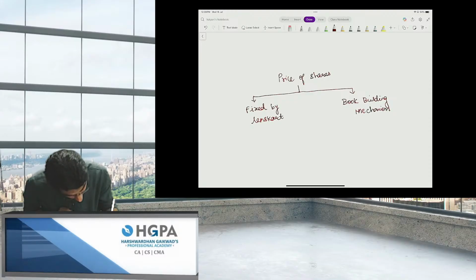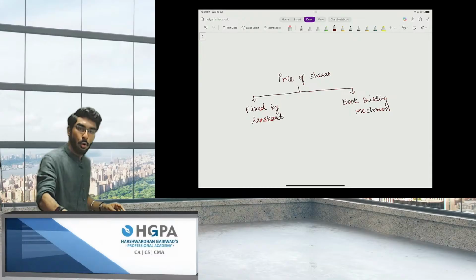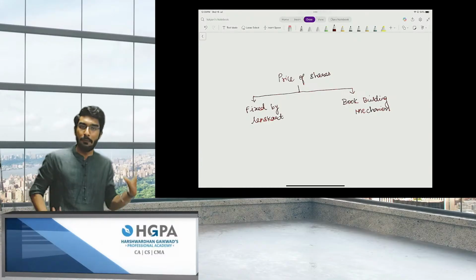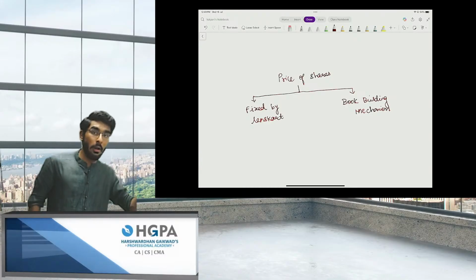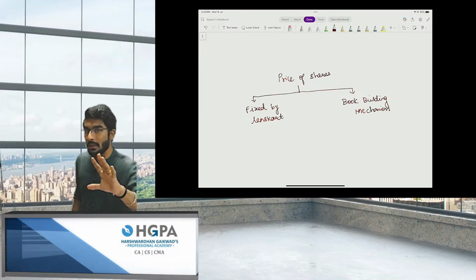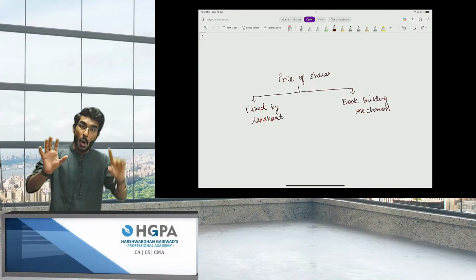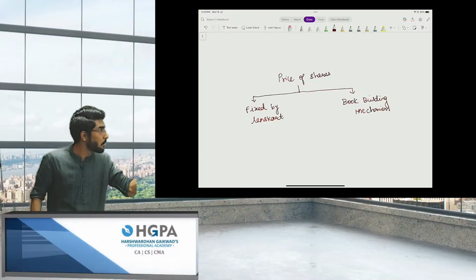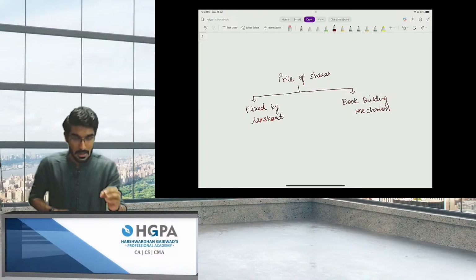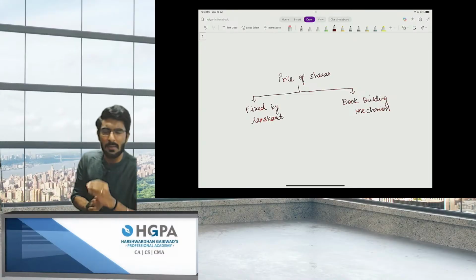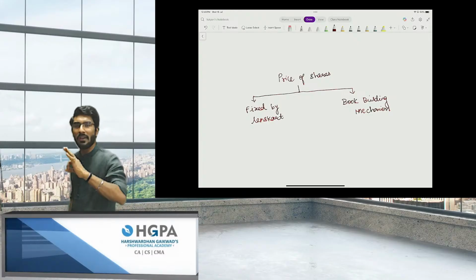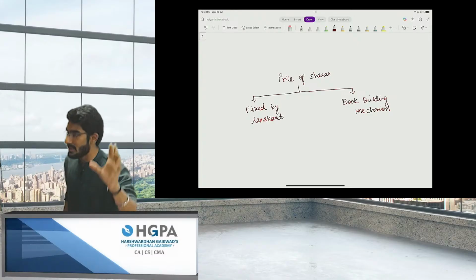So there are two ways in which the price of shares can be fixed. Number one is that it is already predetermined by the company. The other way is called the book building mechanism. What is the meaning of book building mechanism? One of the best, very creative methods of discovering the price.